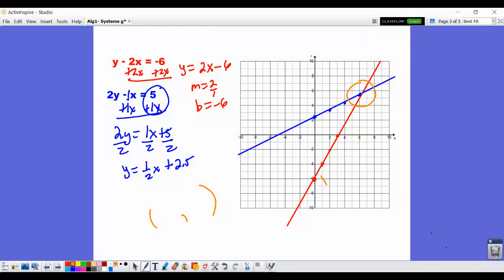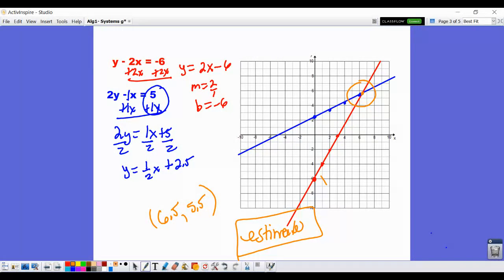So I'm actually kind of in the middle. So I'm going to estimate that to be 6.5 on my x, and I'm going to estimate that to be 5.5 on my y. Okay. Now here's the one thing that we have to realize when we are solving systems.